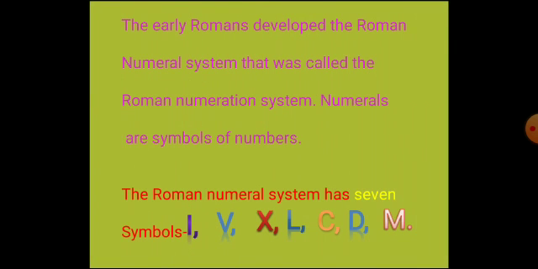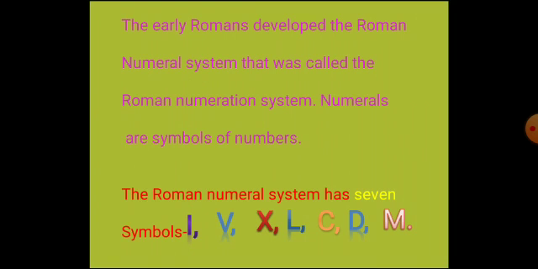The early Romans developed the Roman numeral system, which was called the Roman numeration system. That means in the Roman Empire, Romans introduced these Roman symbols and used them for writing numbers. The Roman numeral system has 7 symbols.